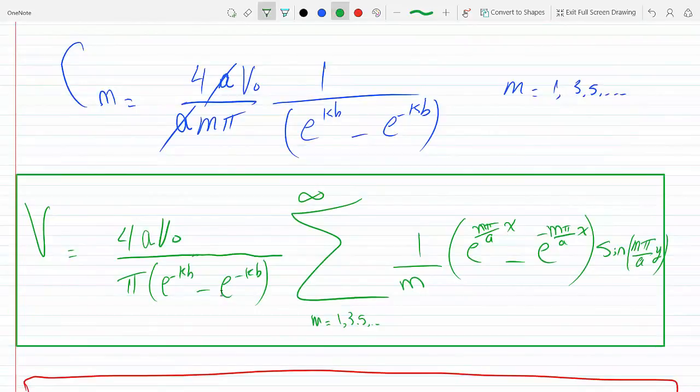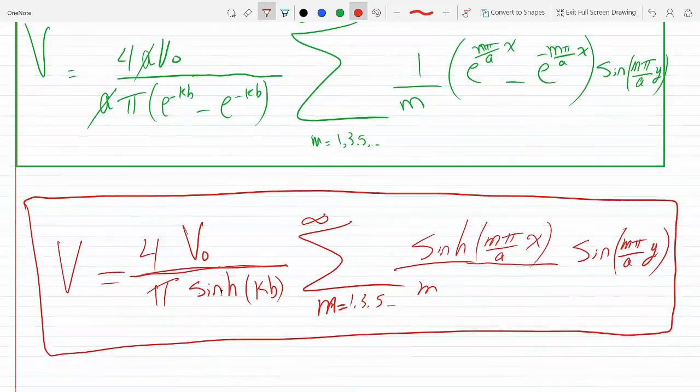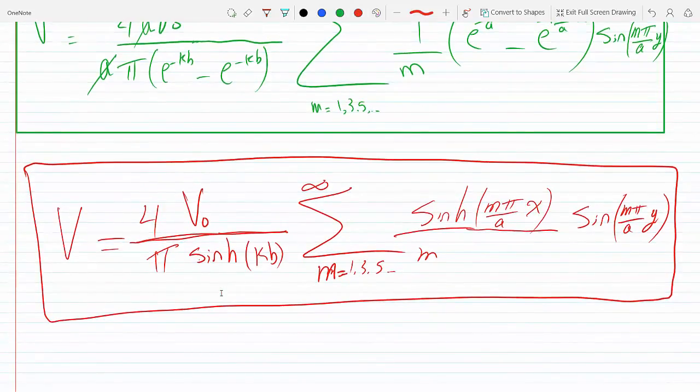So let's put it in green, same color. So there's an A here that cancels out, and this A goes away. This is V0, the initial constant potential. Okay, here we go. Now the K, we can replace it by m pi over A, but see, this K depends on the m, so it needs to be included under the summation.